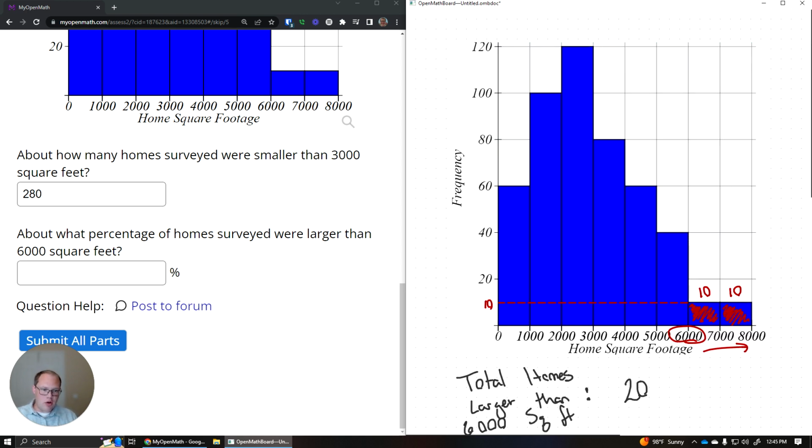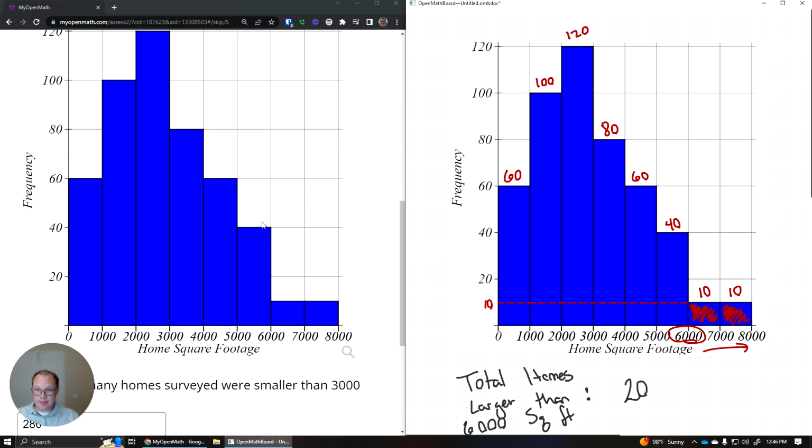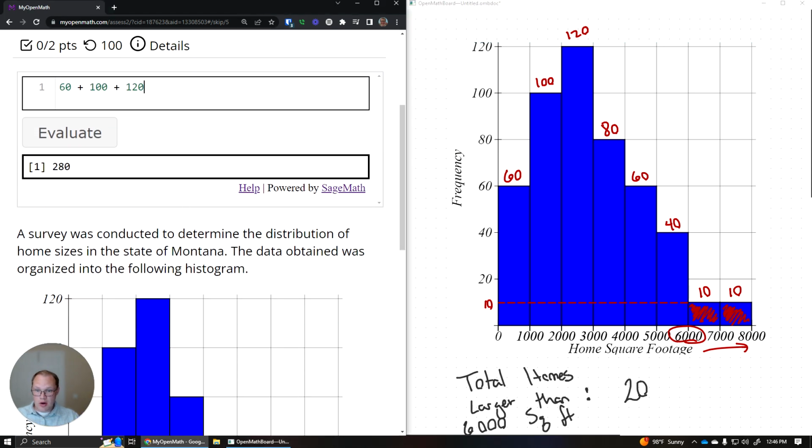So if we look at all the bars, there's 60 in this bar, 100 in this bar, 120 in this bar, 80 in this bar, 60 in this bar, 40 in this bar, and then I've already identified how many in these two bars over here. Okay? So I'm going to add up all of that to find the whole, or the total number of homes in the survey. Okay? So let's add all those together.